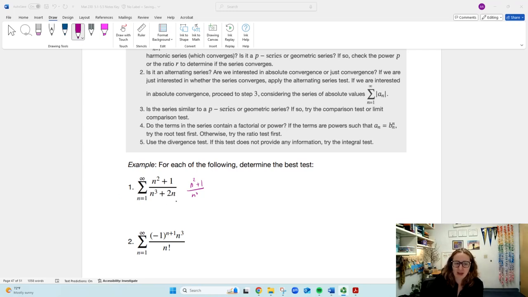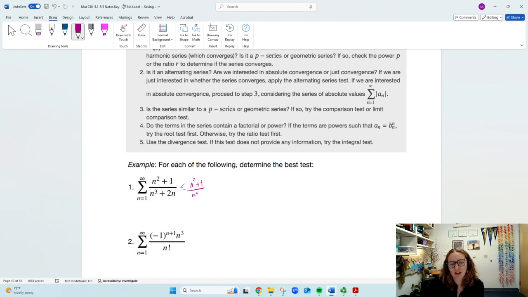So if I compare this to n squared plus 1 over n to the third, my denominator is larger over here, which means that when I divide by it, it's actually going to be smaller than. And then this term over here, I would have n squared over n to the third. Well, that's harmonic, so that diverges. And I would also have 1 over n to the third, which converges, but my divergent takes over.